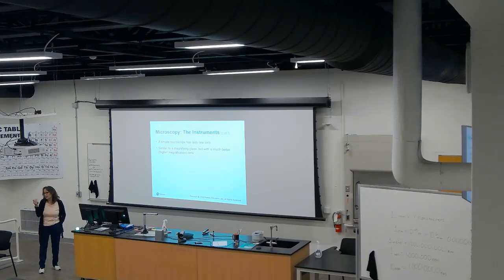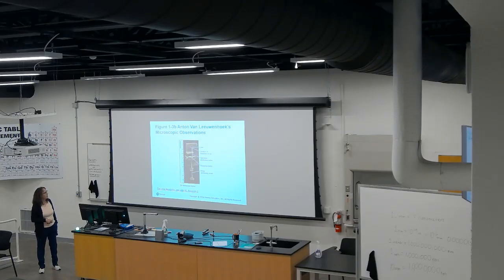Actually, if you wear glasses, basically that's a microscope, okay? And this is the replica of what Antoine van Leeuwenhoek developed to see smaller microorganisms. I think he could magnify up to 400 times or so.